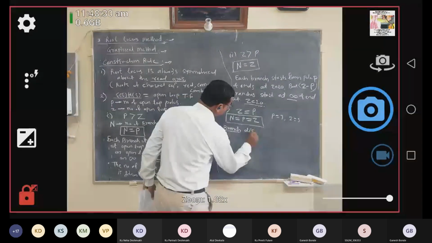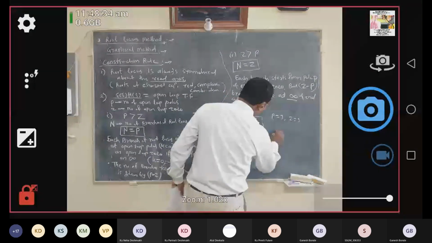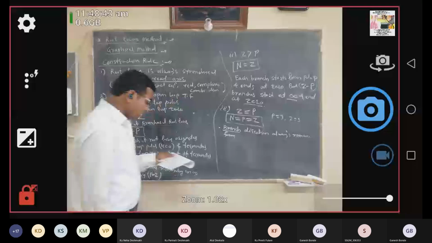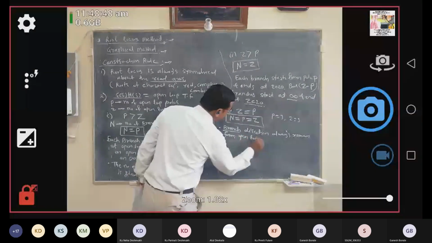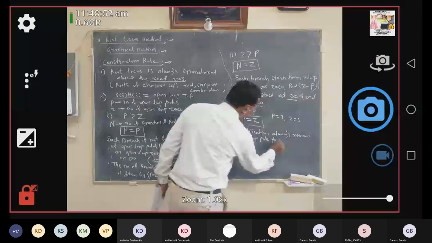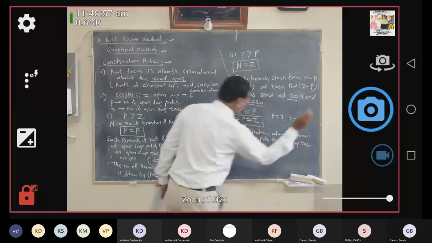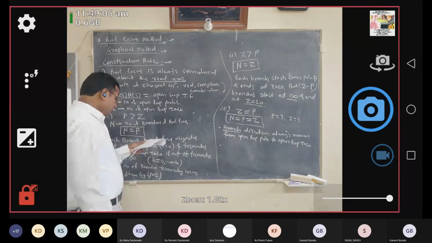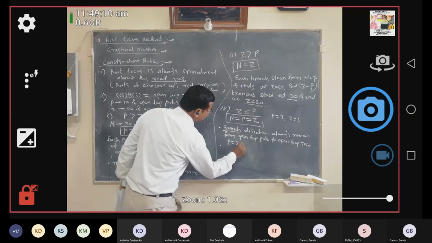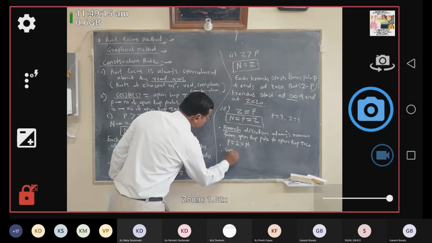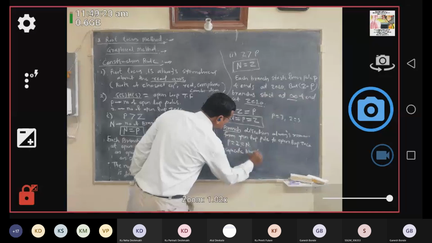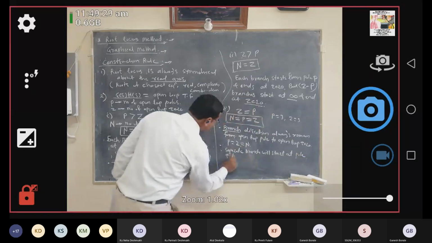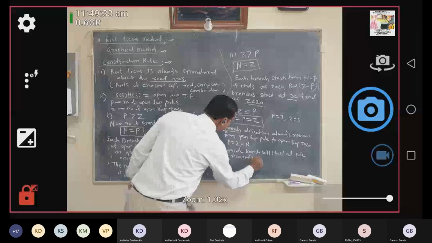So branch direction always remains from open loop pole to open loop zero. Here, when N is equal to P is equal to Z, which is equal to N, a separate branch will start at a pole and terminate at a zero.